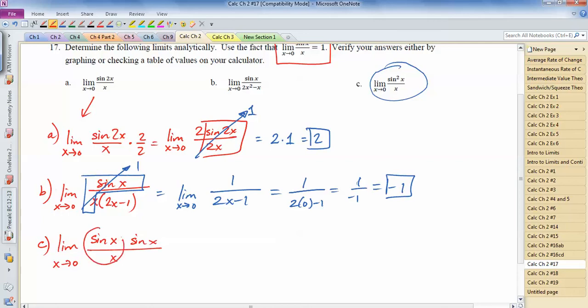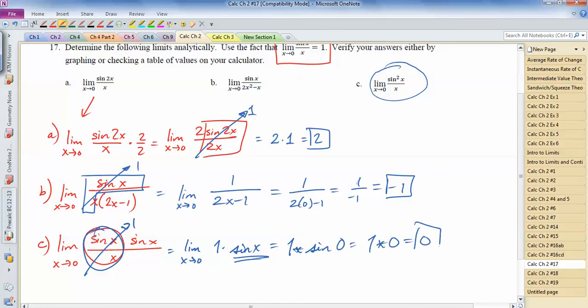Well, if I just pull out this part right there, this part right here goes to 1, and then I'm left with the sine x. So this is going to be limit as x goes to 0 of 1 times sine x. Well, I can plug in 0 into that, so this is 1 times sine of 0, which is 1 times 0, which is 0. Okay, hope that helps.